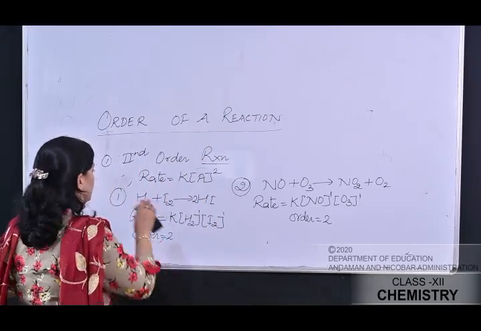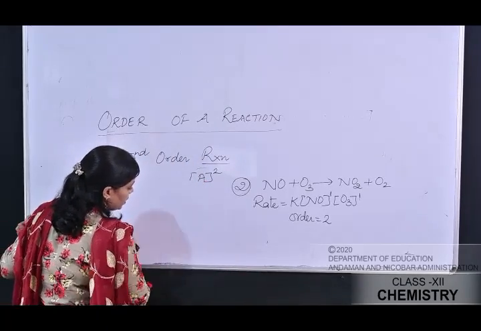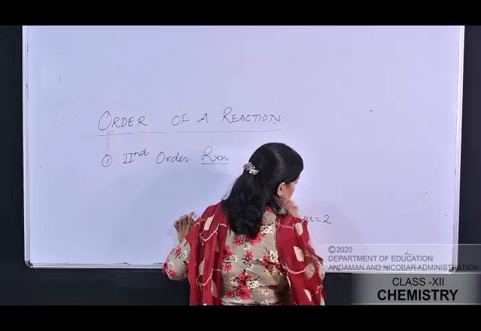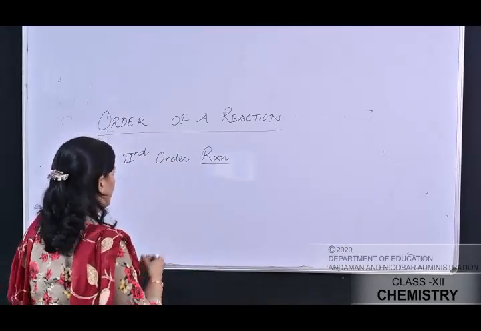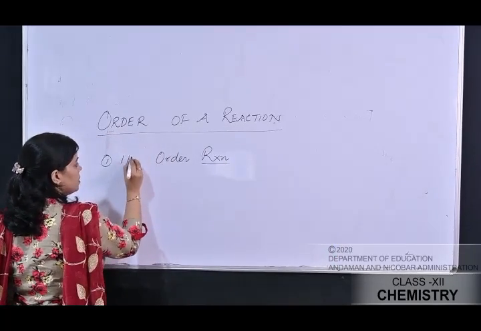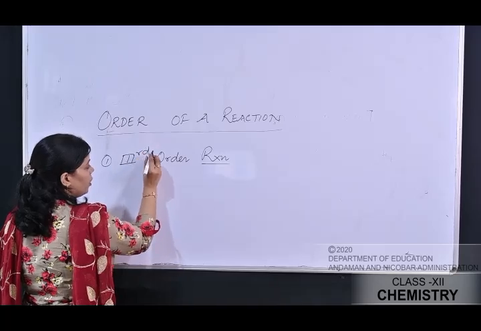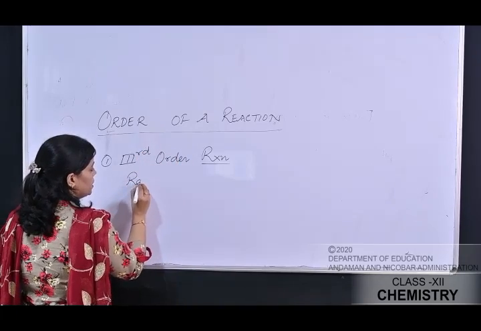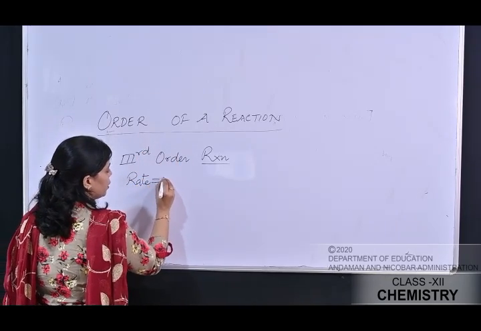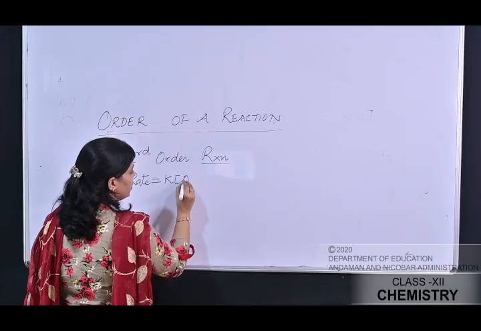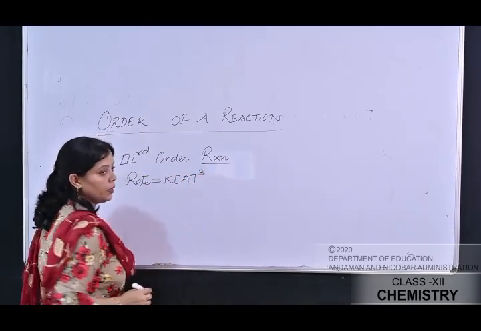After that we come to the next, that is the third order reaction. For the third order reaction the rate equation is written as rate is equal to K, concentration of the reactant A raised to power 3.